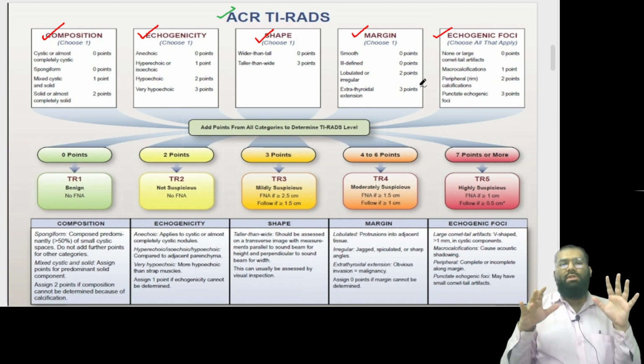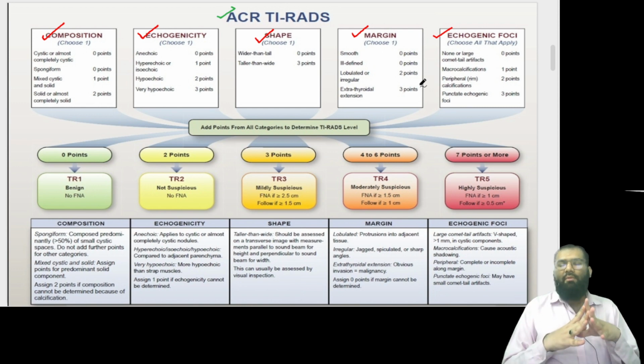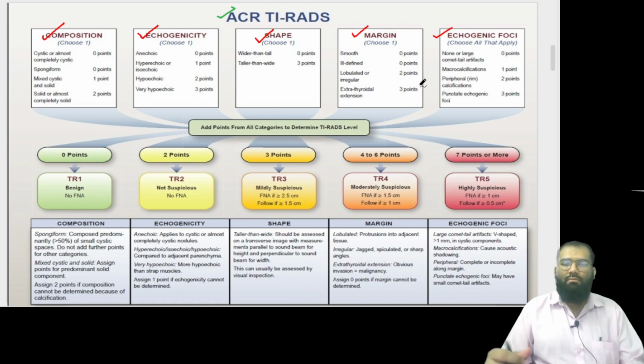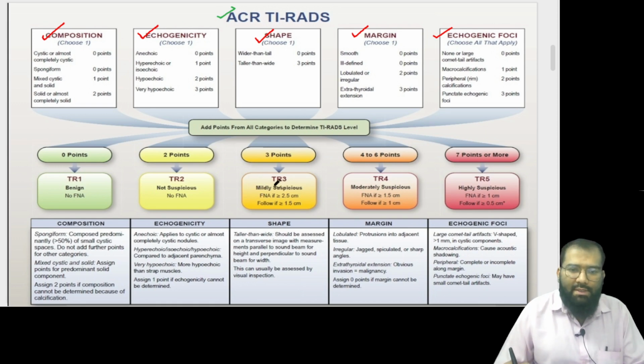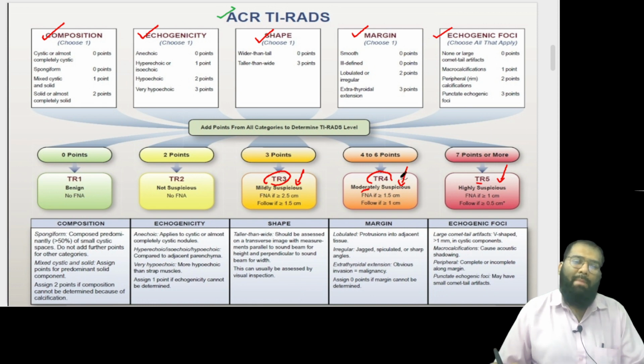Tier 2 also means it's benign, not suspicious. Tier 3 is mildly suspicious; tier 3 से suspicion शुरू होता है, mildly suspicious for malignancy. Tier 4 is moderately suspicious for malignancy, and tier 5 is highly suspicious for malignancy.